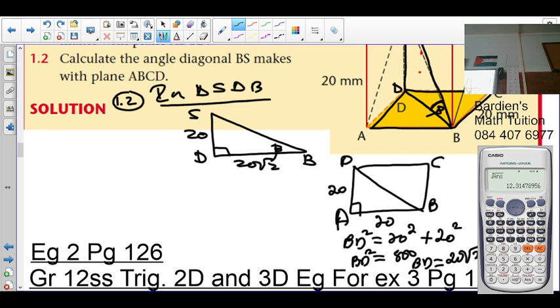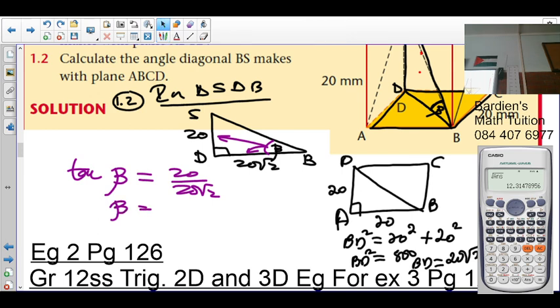So which trigonometric function am I going to use there? Opposite and adjacent is tan. So tan beta is equal to 20 over 20 root 2. So beta is equal to arctan of 20 over 20 root 2.